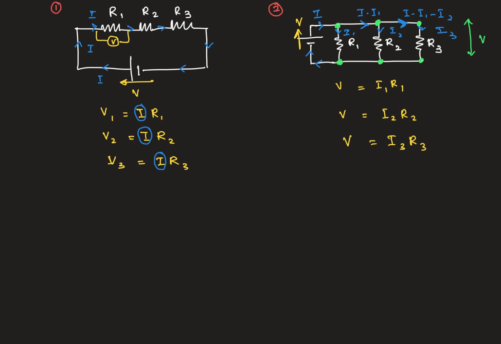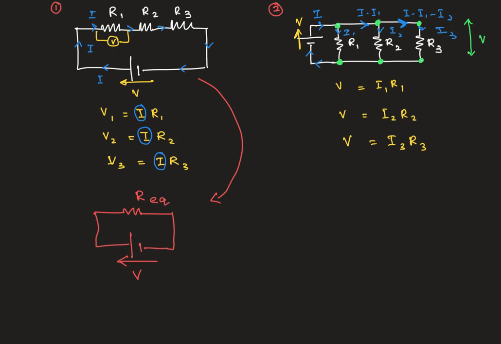Now I am going to get the equivalent circuit. For the first one, the equivalent circuit would be like this: R equivalent, and there you have the battery. I didn't add switches or anything, so this is the simplest way that I can draw it.